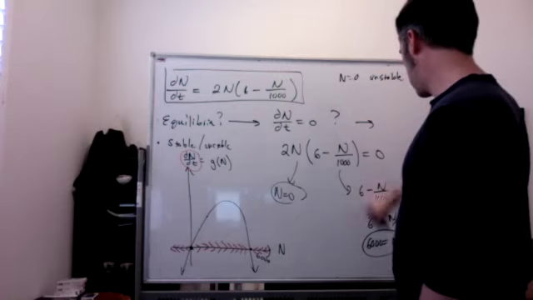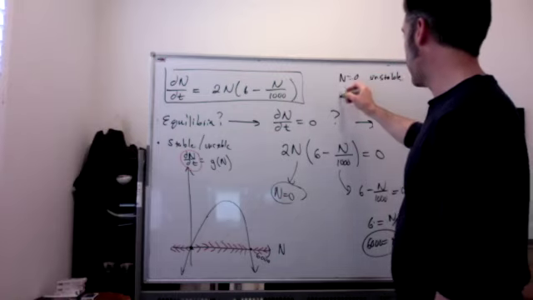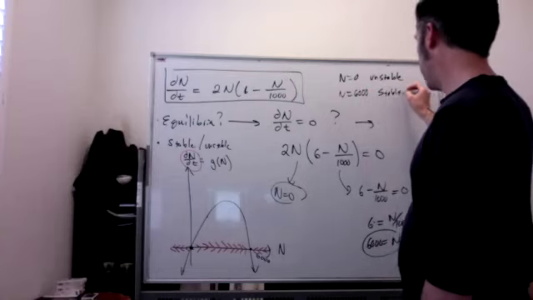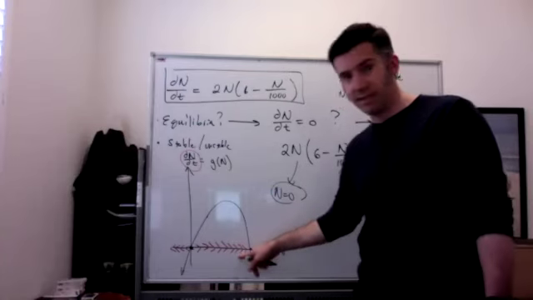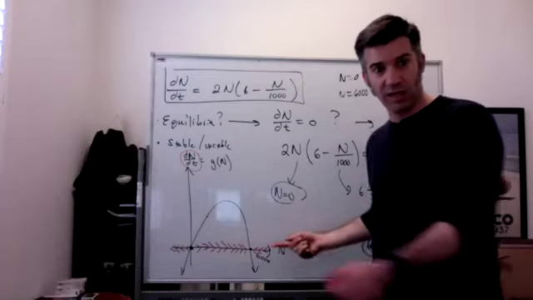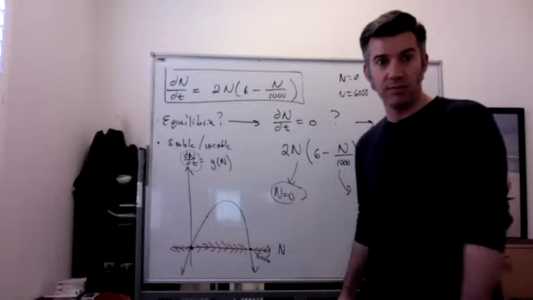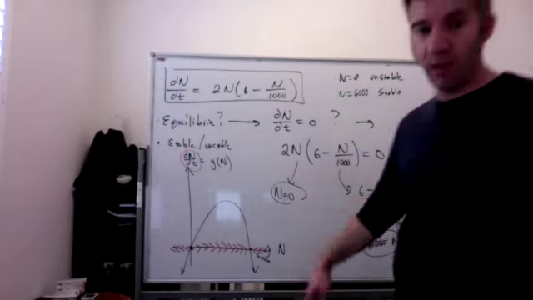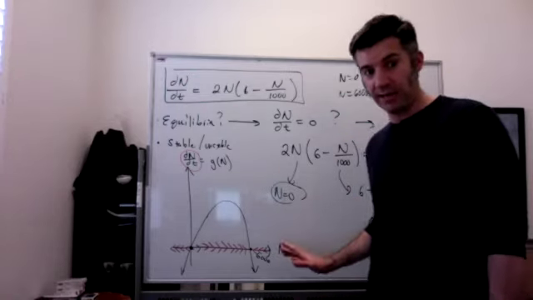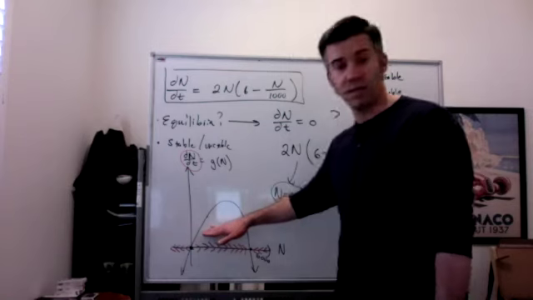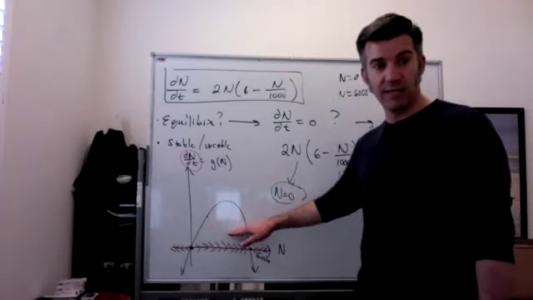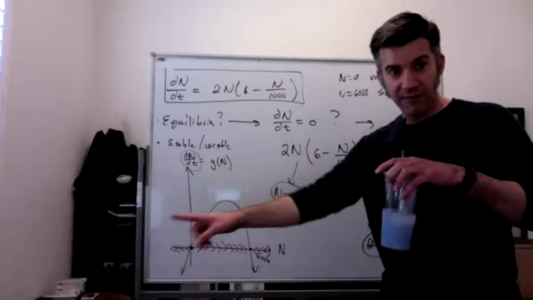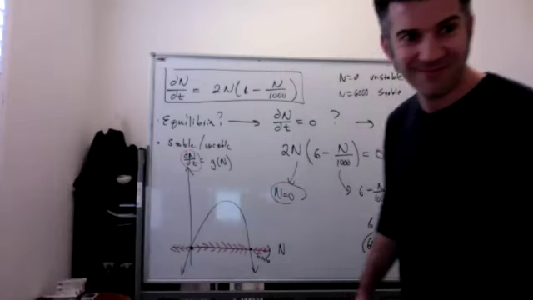Whereas n equals 6,000 is stable, because if we're a little bit less than 6,000 or a little bit more than 6,000, we're going to get pushed back towards 6,000. So whenever you're looking at these phase plots, going left to right, if you go negative to positive, it's unstable. If you go positive to negative, it's stable. Left to right. Okay.